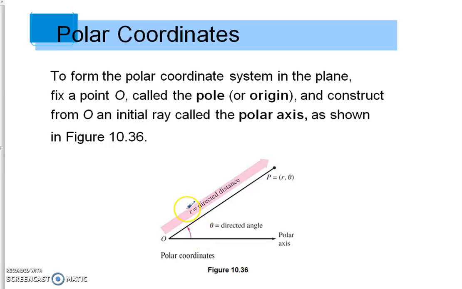It's very conceivable that r could be a negative number, which means we would actually go this way from that point, even though the angle was there. Or if theta was negative and r was positive, the angle would be down this way and r would still go out that way. So keep that in mind.